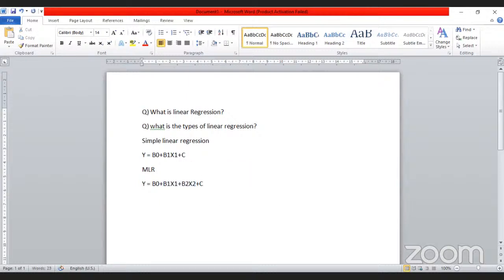Today's next question is, are expected value and mean value different? I will type the question here for better understanding. Are expected values and mean value different?